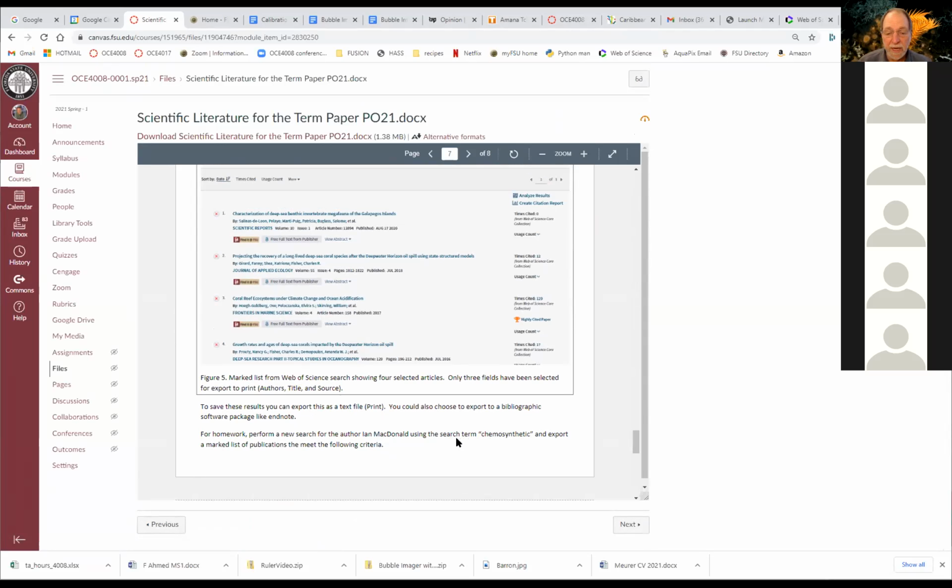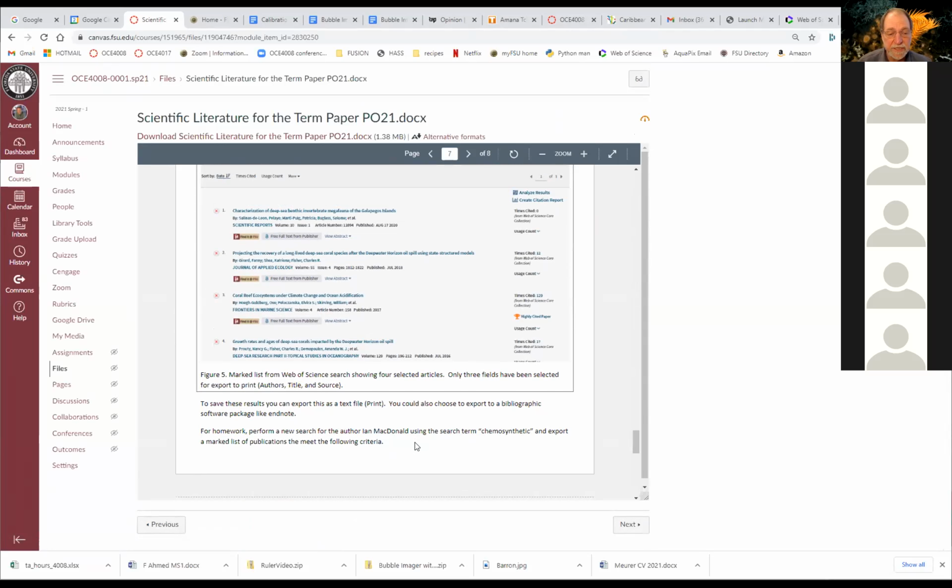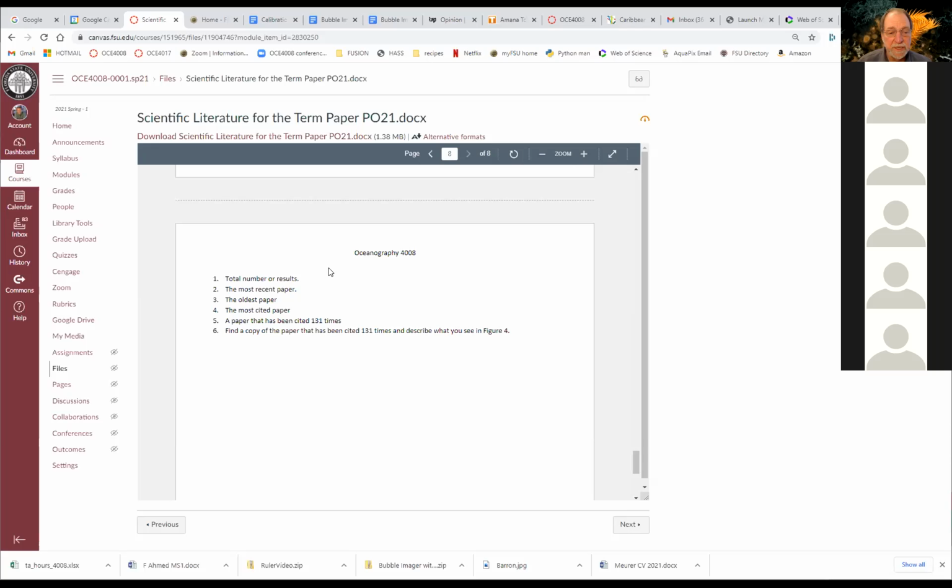Then you're going to export a marked list of publications that meet the following criteria. I want you to know the total number of results, the most recent paper, the oldest paper, the most cited paper, and then I want you to find one of my papers that's been cited 131 times. I want you to find a copy of that paper and describe what you see in figure 4 of that paper. So that's the rest of the homework assignment for the teamwork.